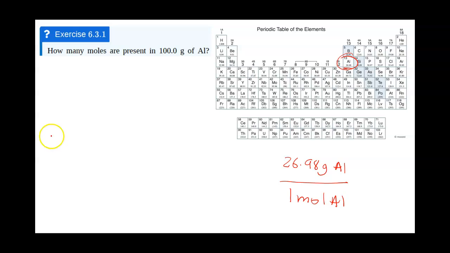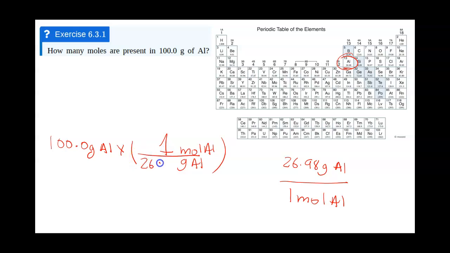Now I'm going to write the starting units, and then I'm going to write the appropriate conversion factor. I must have grams of aluminum on the bottom and moles of aluminum on the top, and the 1 goes with the moles and the 26.98 goes with the grams.